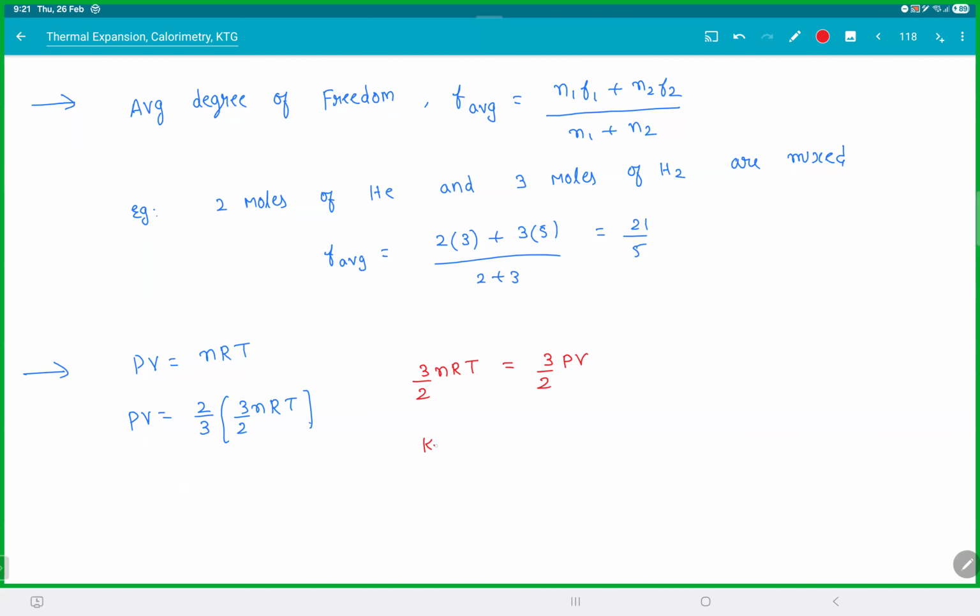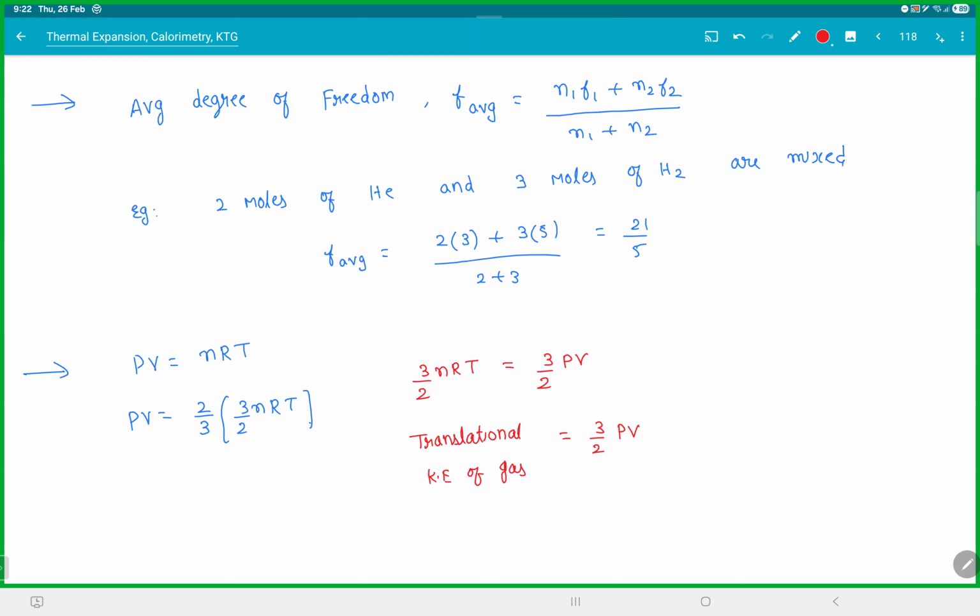This is nothing but the translational kinetic energy of a gas. Any gas. Because for all gases, the translation component is only 3. So this is another way of writing the same stuff.